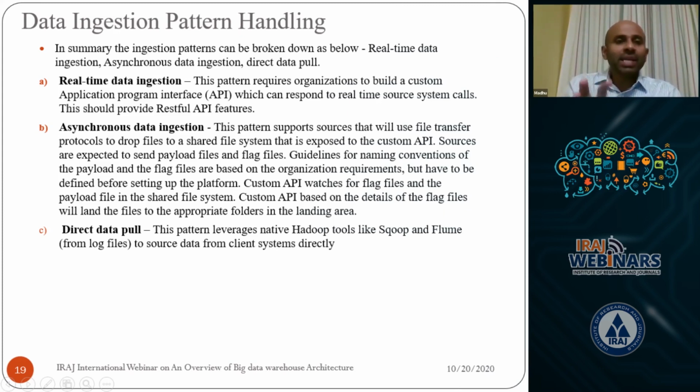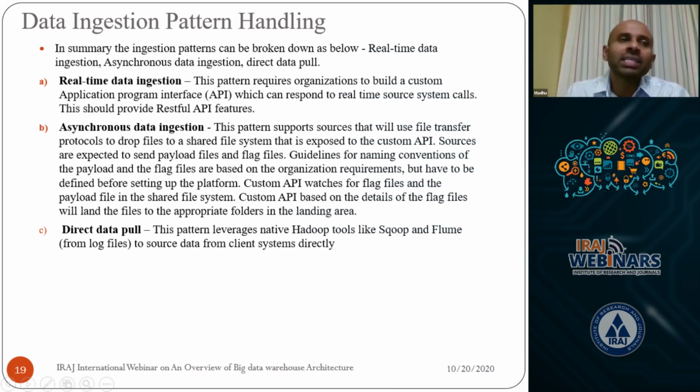So in summary, the data patterns are real-time data ingestion, asynchronous data ingestion, and direct data pull. First one is real-time, second one is asynchronous, third one is direct data pull. So what is real-time data ingestion? As I was mentioning before, you build this API. Why do you need that API?